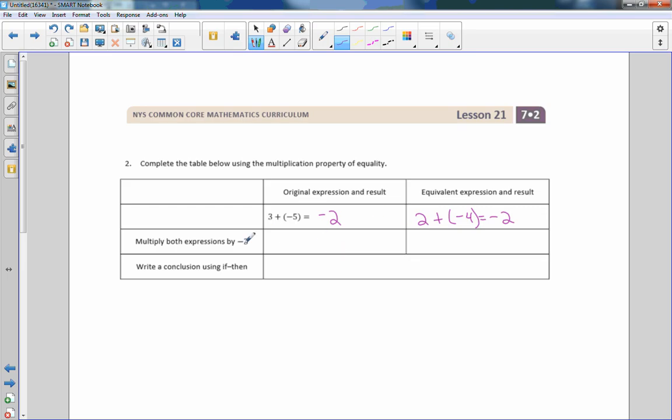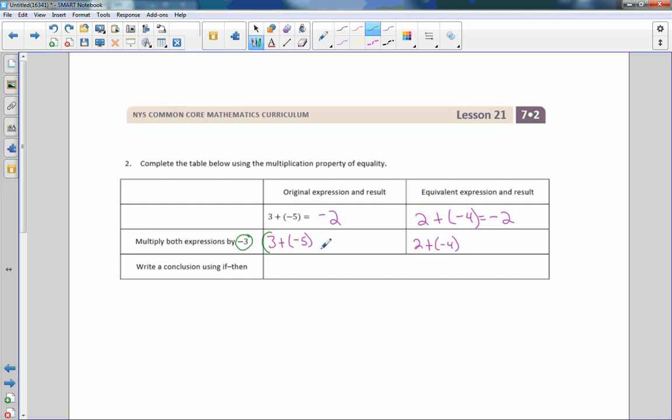So now that I've done that, we're going to take the original expressions. I'm just going to do this first just so we see what's going on. And 2 plus negative 4. And write a conclusion about an if-then statement. Okay, so now it says multiply each expression by negative 3.